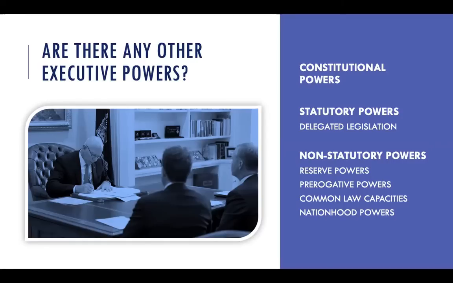Well, when the Governor General acts according to his or her own discretion, then that's when we see the operation of the reserve powers. These powers include powers to appoint and dismiss a prime minister, to refuse to dissolve parliament, or to force its dissolution, and to ensure that the government is acting legally. Remember, these are all exceptions to the rule that the Governor General must act on advice.